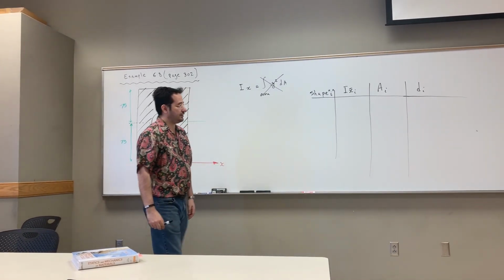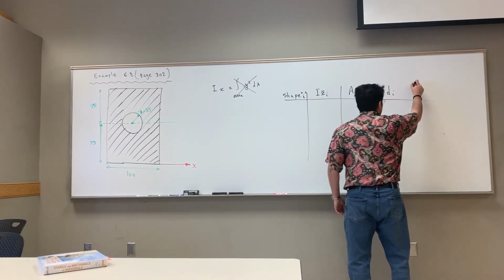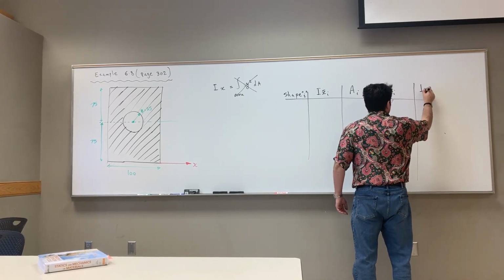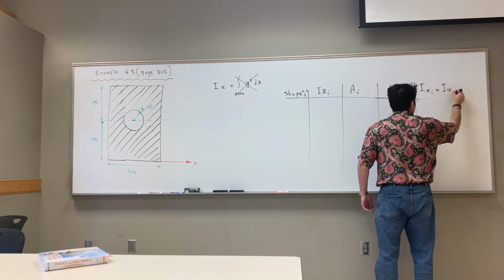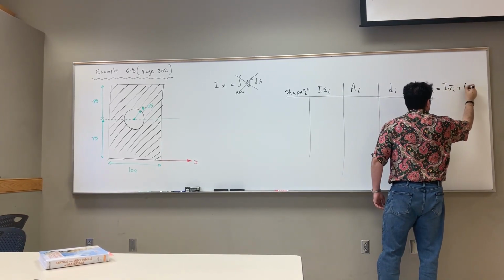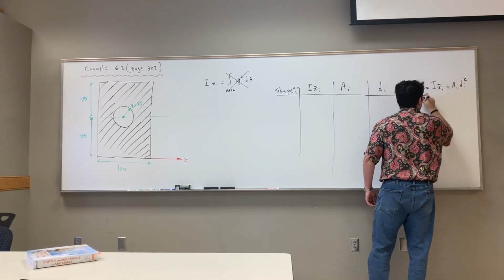Finally, the I that I'm trying to find, I x i, is equal to I x bar i plus A i d i squared.